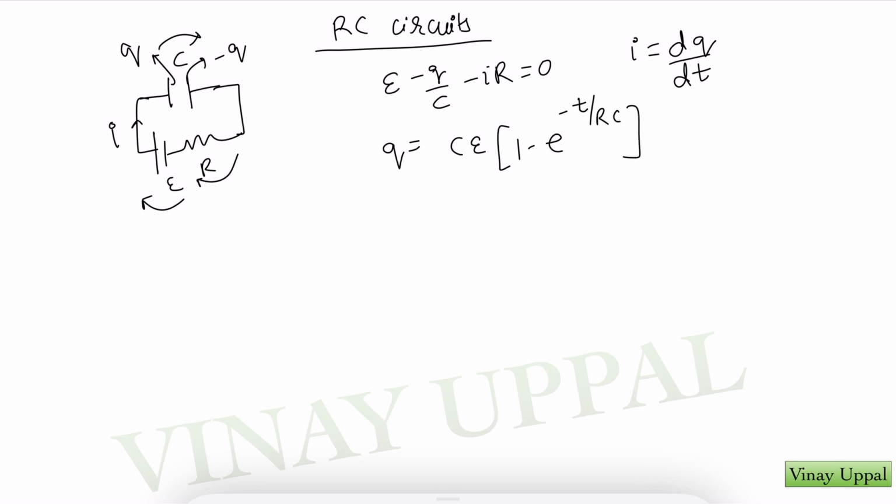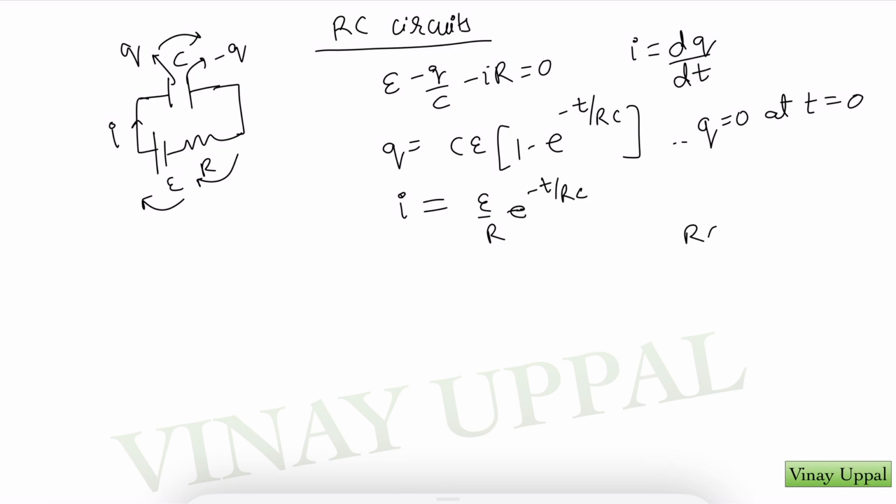Here we've assumed that the charge is 0 at t equal to 0. So if nothing has been said in the question, you can always assume that the capacitor plates are uncharged initially, and of course you differentiate this and you will get the current as well.